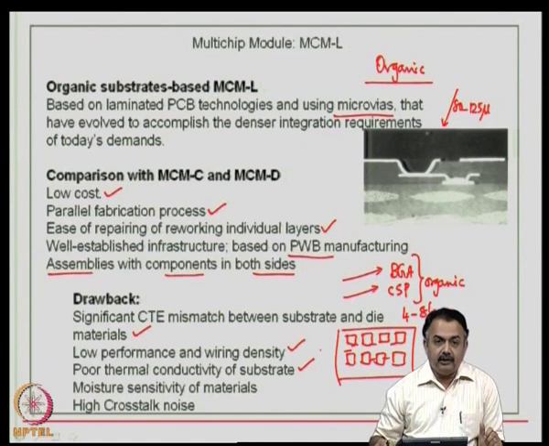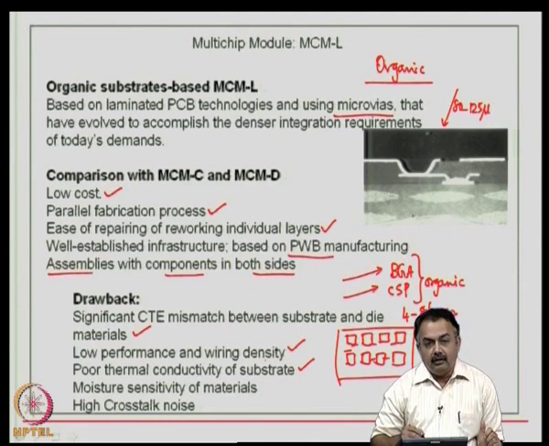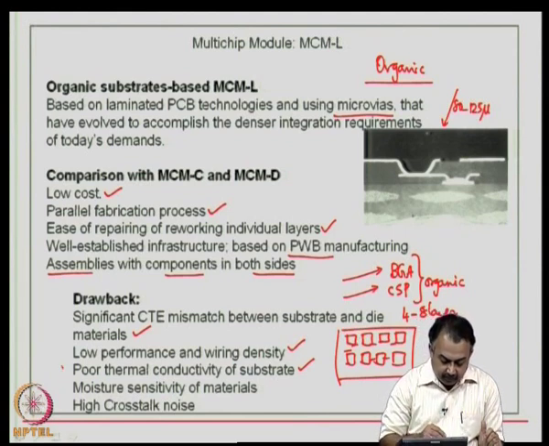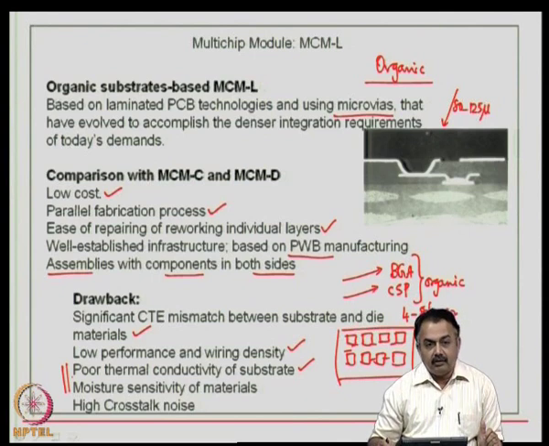Now, you can improve it by adding more fillers or composite materials. Moisture sensitivity in organic materials is very high. Therefore, this drawback in terms of poor electrical performance because of moisture absorption is going to be there. But if you look at cost, then people tend to go in for MCM-L.